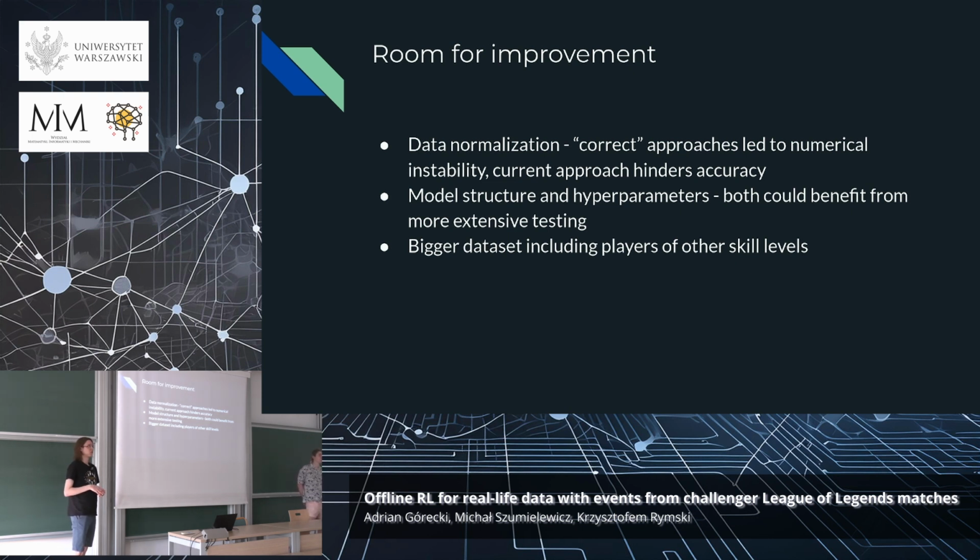For example, the end of our encoder that was a linear layer, or our embeddings. And also our dataset, as mentioned before, only included the best players. Making it bigger, with players from lower skill levels or just more matches, could also improve performance.